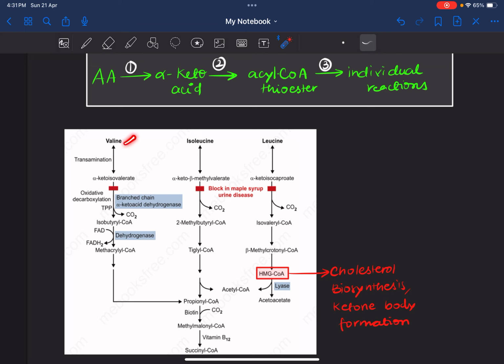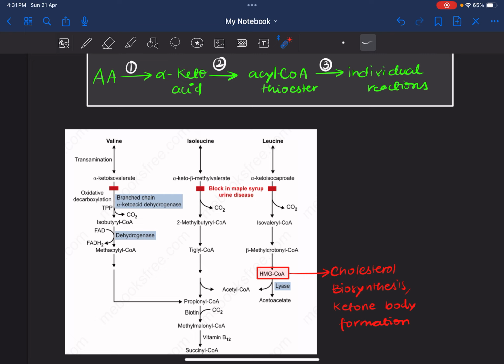Subsequently, valine is going to form propionyl CoA, and this propionyl CoA is then going to form succinyl CoA which enters into the TCA cycle, and this is the reason why we refer to valine as a glucogenic amino acid. When we look into the case of isoleucine, it is going to form both propionyl CoA and acetyl CoA. Propionyl CoA can form succinyl CoA which later on enters the TCA cycle, while acetyl CoA is going to help in ketone body formation.